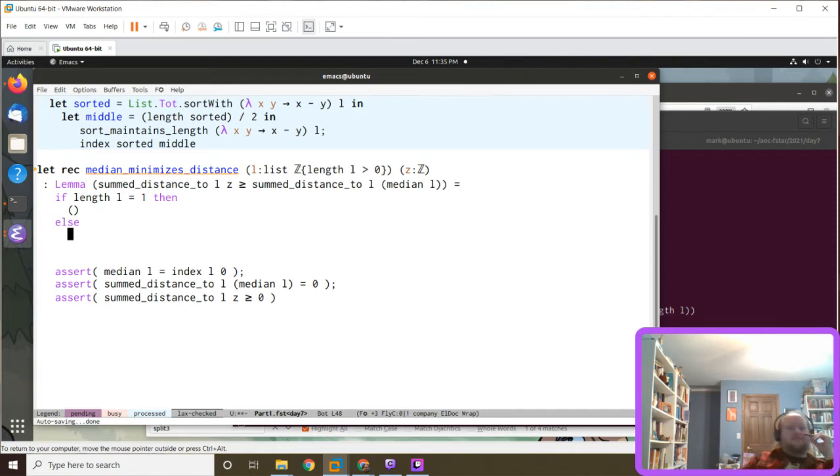Are there properties of the median we could use to help us out here?